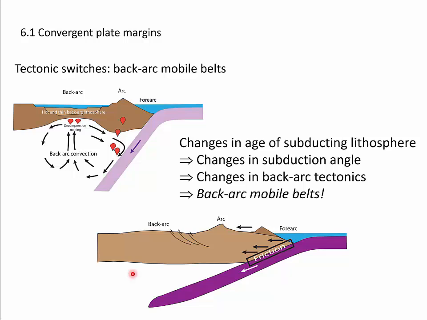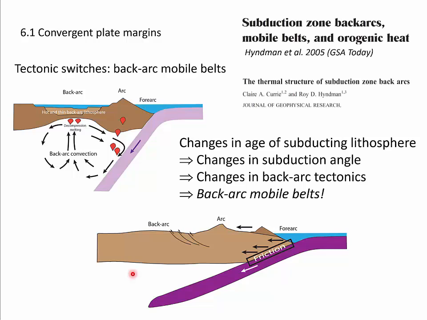This change in subduction angle will change the back arc tectonics, and this is what forms back arc mobile belts. Back arc mobile belts, particularly well known from continental crust, show periods of extension, stability and contraction, and that can change over hundreds of millions of years in a cyclic way. We call this tectonic switching.